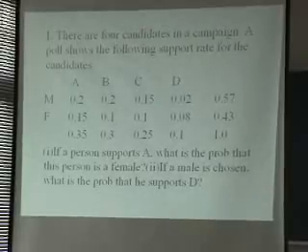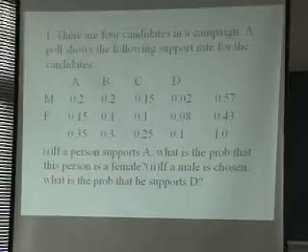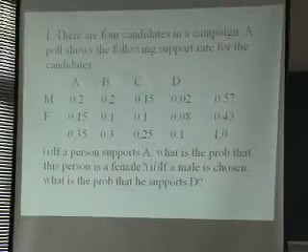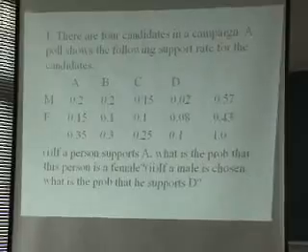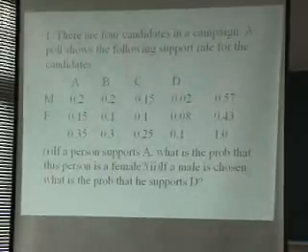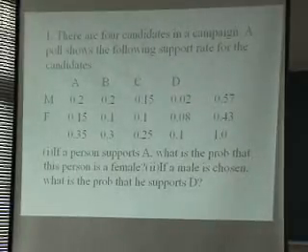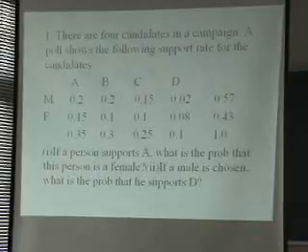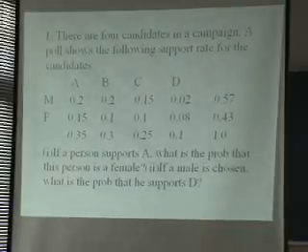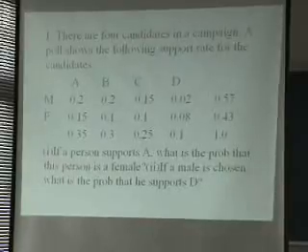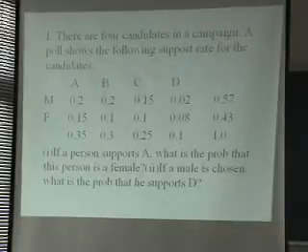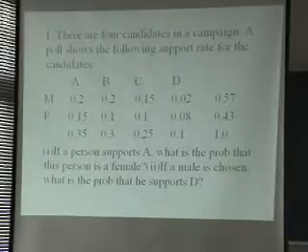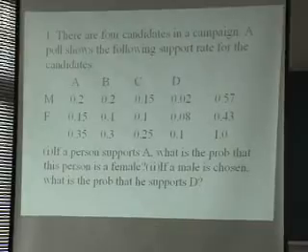So if a person supports A, what's the probability this person is going to be a female? Conditional probability, right? We already know this person supports A, right?